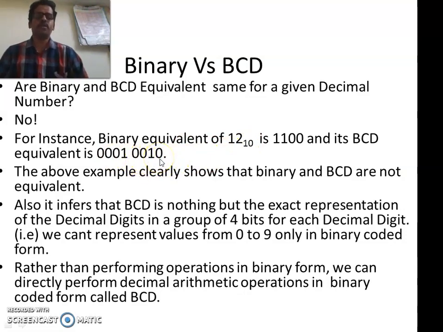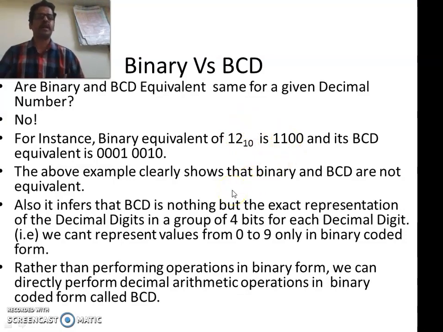So now the question arises, which can be understood easily, whether in the binary form or in BCD form. Understanding the number in BCD form is very easy, since it is exact representation of each digit of a decimal number, but it is not the case with the binary equivalent.